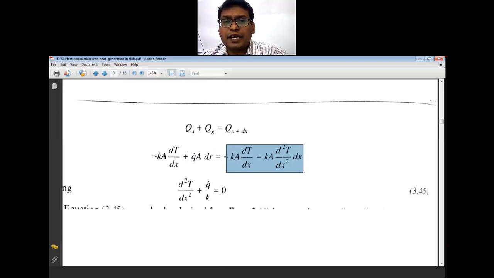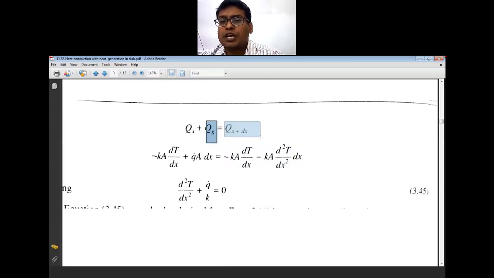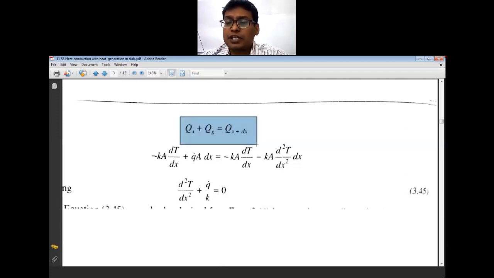The heat entering the volume element, plus the heat generated in that volume element, is equal to the heat going out from this volume element at a distance x plus dx. This is the balance we have taken on this small volume element of width dx.